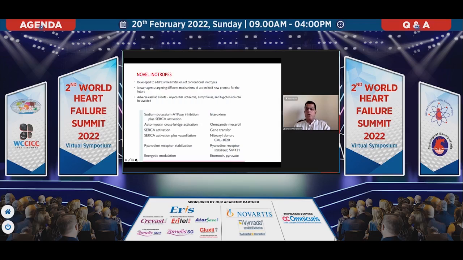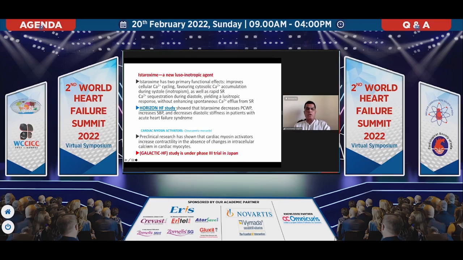Of course, we have novel inotropic agents in the pipeline. Among them, omecamtiv mecarbil is already available abroad, and there are some other drugs in the pipeline. The GALACTIC-HF study has already been released, and omecamtiv mecarbil is supposed to be one of the important drugs in heart failure management.